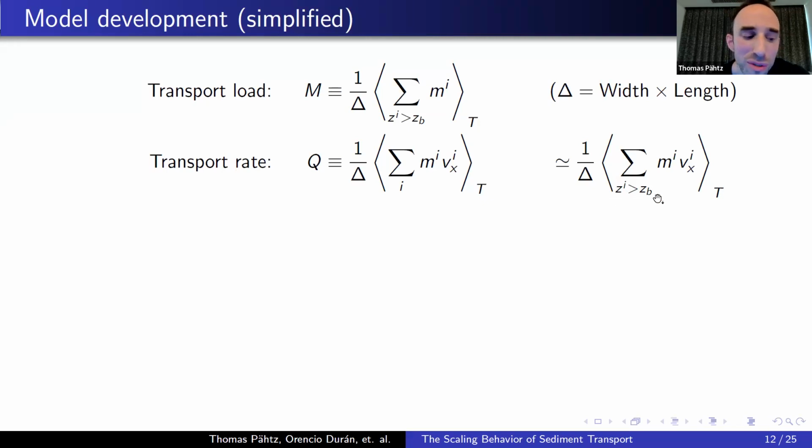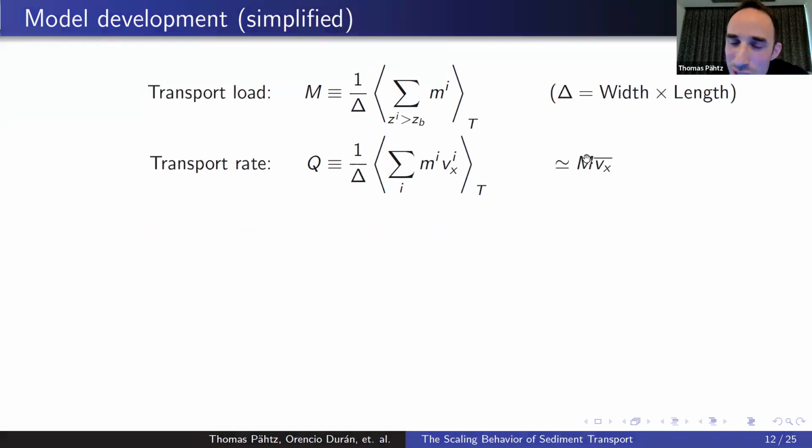And by the way, we confirmed this assumption. It's usually correct to a degree of, at the very least, 80%. In the case of windblown, typically 99% for our particular definition of the bed surface. So once we can do this, we can replace the right-hand side here by the transport load times the average streamwise velocity of transported particles above the bed surface.